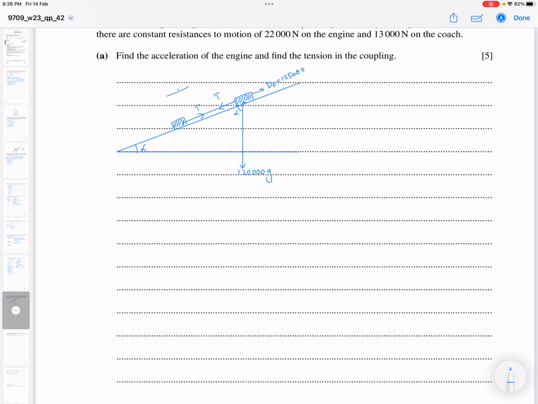My acceleration goes up. Here is our coach, and my FC, which is my resistance to coach, and my FE is in this direction. This is resistance to engine.